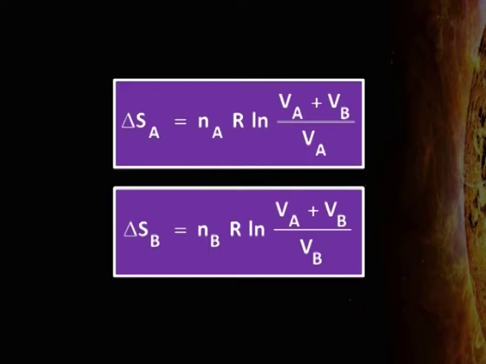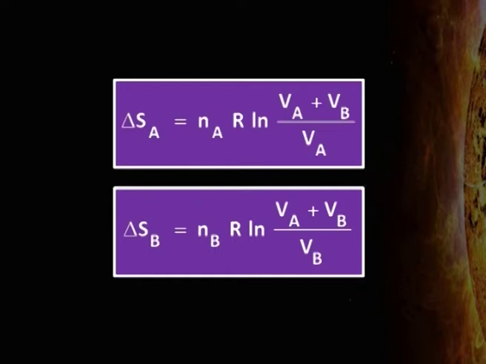Now, you can recall that for ideal gases PV is equal to nRT. We can say that volume is directly proportional to number of moles. Therefore, VA upon VA plus VB can be replaced by Na upon Na plus Nb and VB upon VA plus VB can be replaced by Nb upon Na plus Nb.